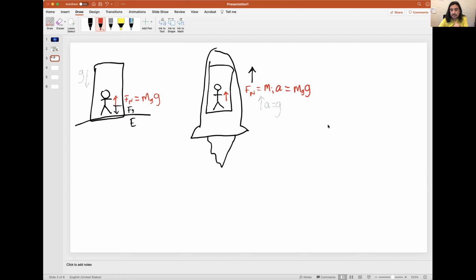So how could you tell the difference at this point? Anybody? Can you tell me what your thinking is behind saying you can tell the difference between being inside the rocket traveling with acceleration g, or being in the box outside of your house?